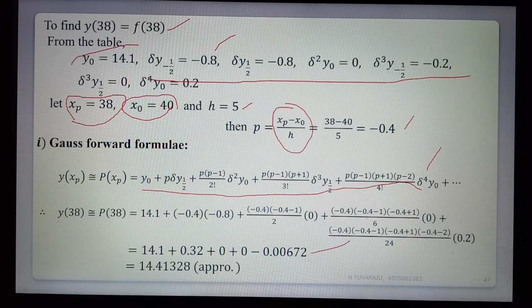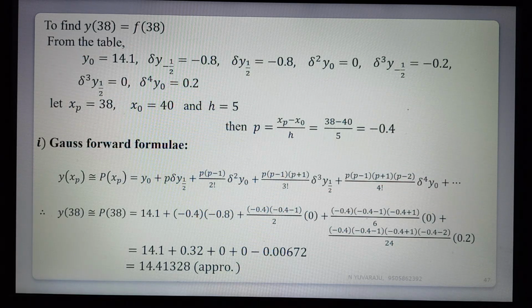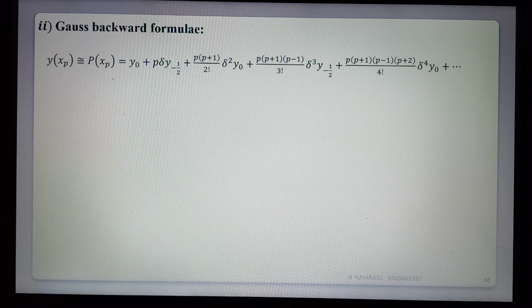Similarly, we find this using the backward formula, as already told in the previous slide.